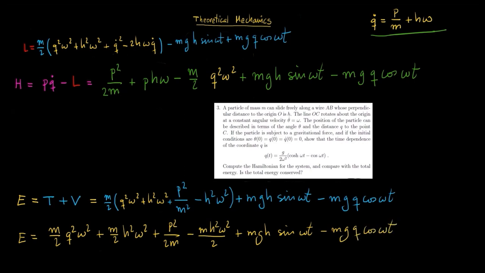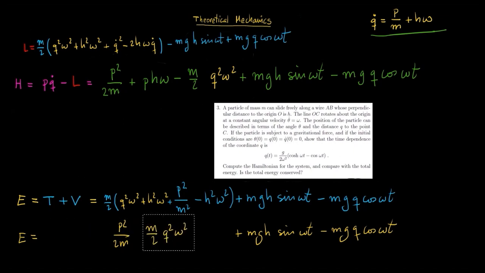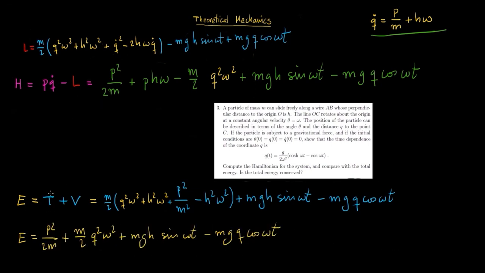And looking at this term, we see m over 2 h squared omega squared, and the same thing but with the opposite sign. So we cancel them out. What else? I think we're done. Let's put this guy to the left and this guy to the right for aesthetic reasons. And this is the energy.